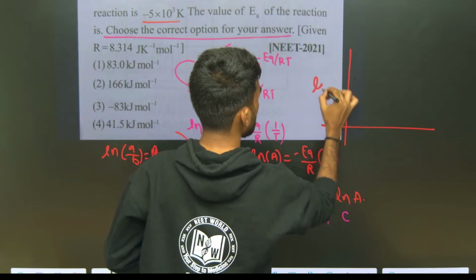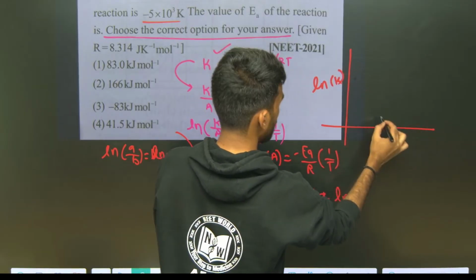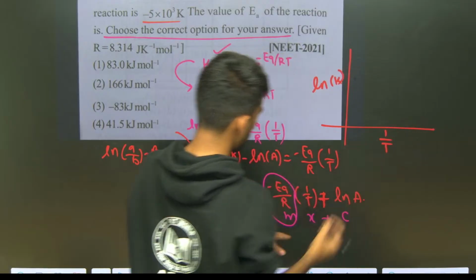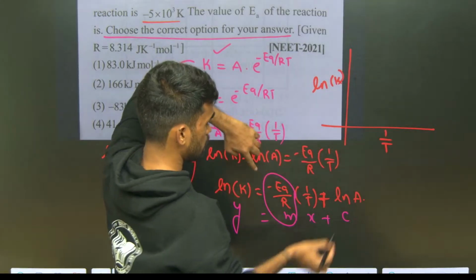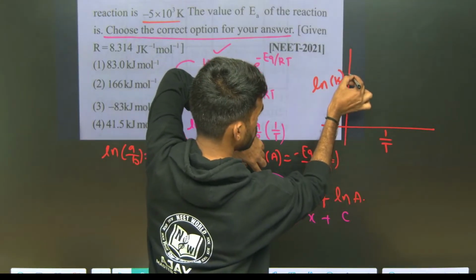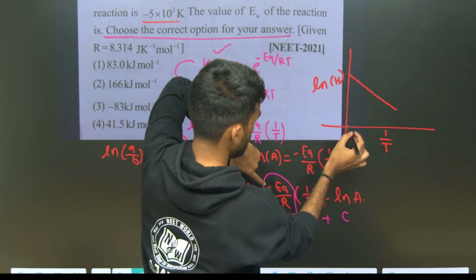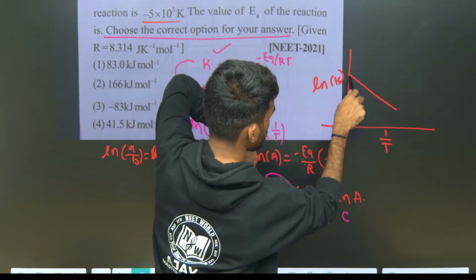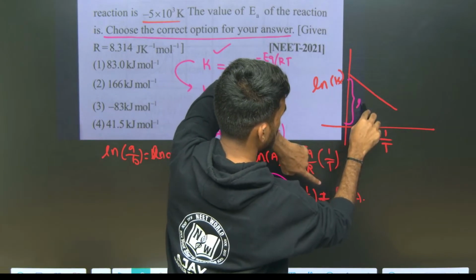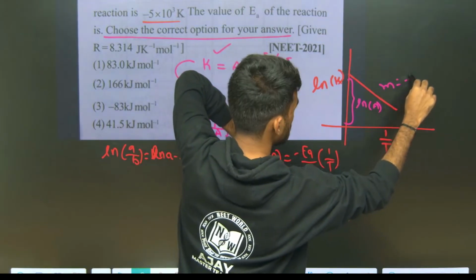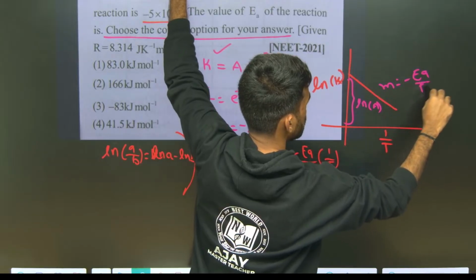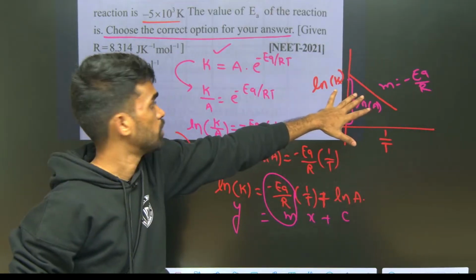Here ln K is on the y axis and 1 by T is x on the x axis. The slope is negative, so it should be something like this, and this is the intercept ln A. The slope m will be minus EA by R. This is what we got from this equation.